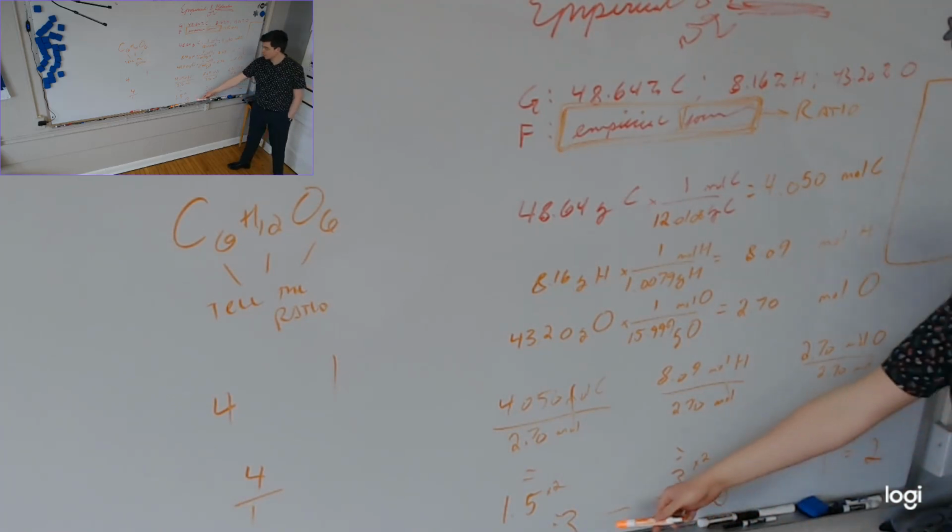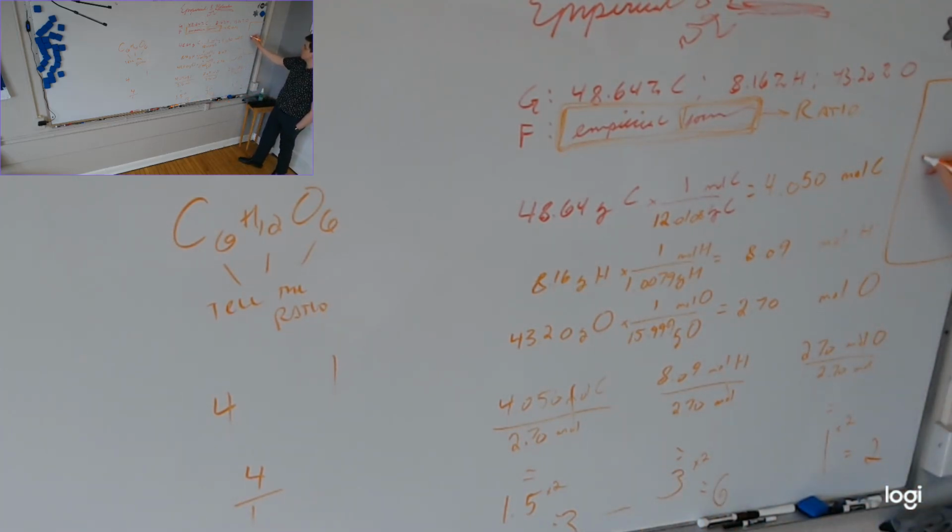What does the 3 go with? It goes with carbon, so C3. What does the 6 go with? Hydrogen, H6. What does the O go with? O2.